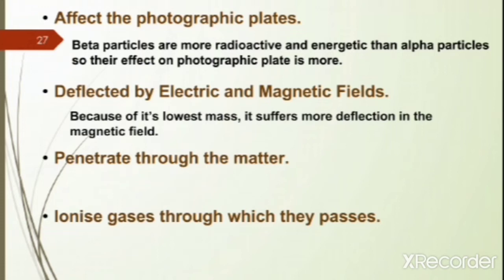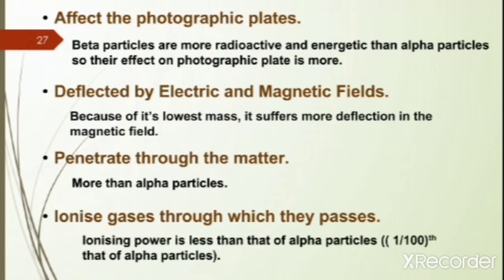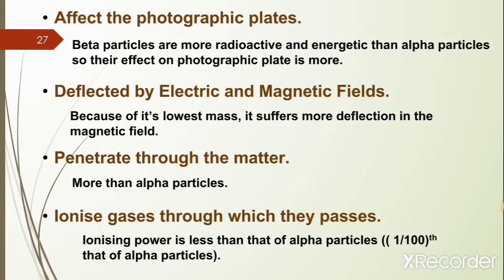That is, its penetration through the matter it passes is higher than that of alpha particles since it is more radioactive. Last property, ionization of gas through which they pass. The ionizing power is less than that of alpha particles, that is 1 by 100 times that of alpha particles. That was the end of my section.